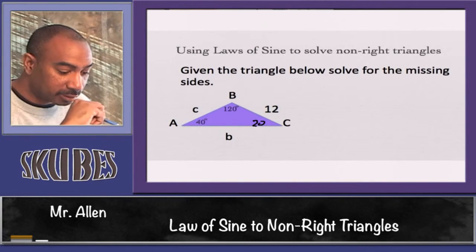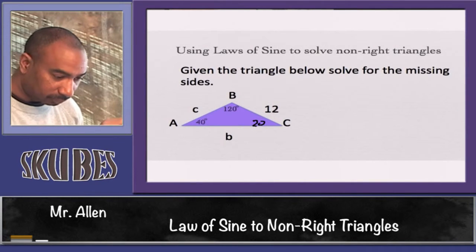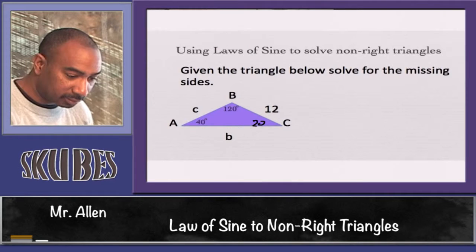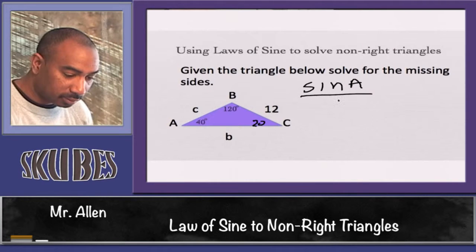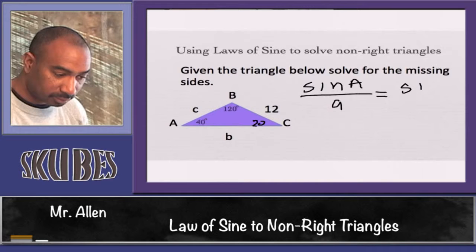Okay, so what I'm going to do now is apply the law of sine. So I could say sine of A over a is equal to sine of C over c.